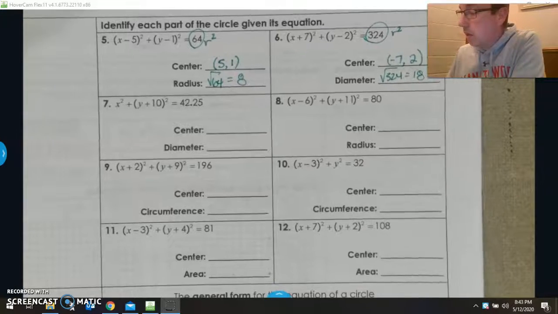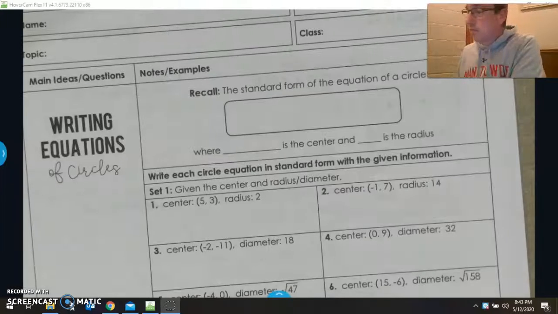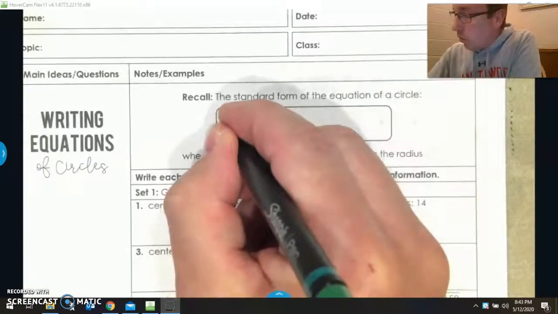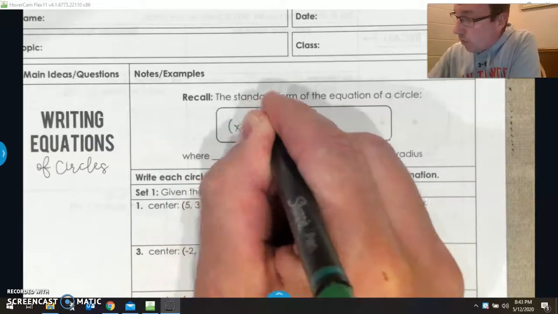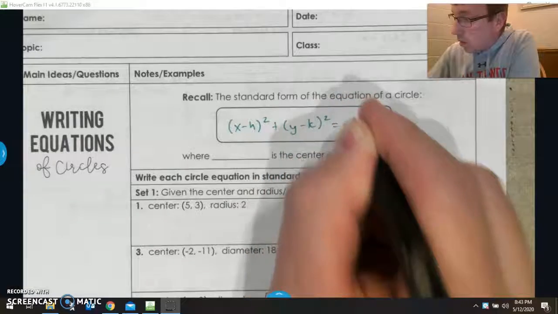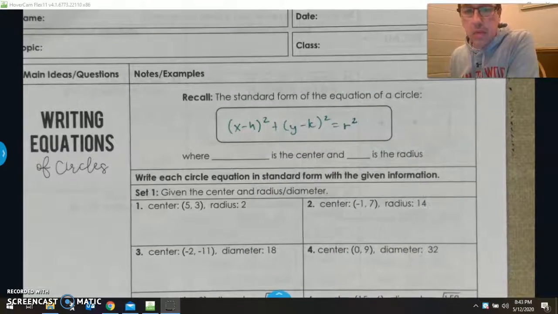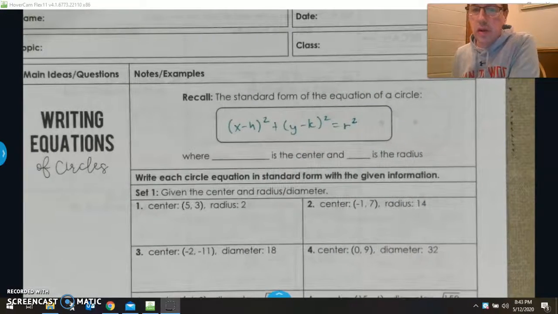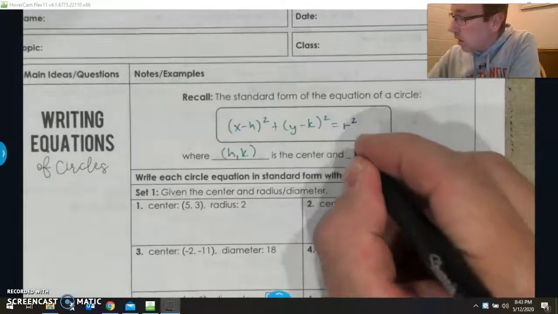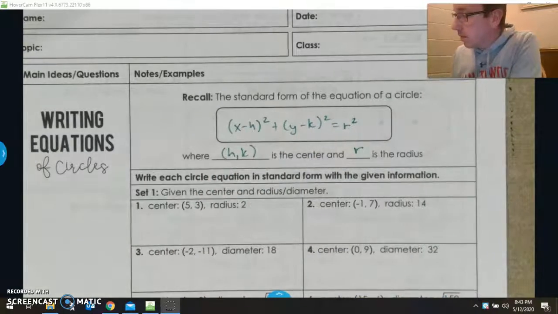Now, what we're going to be working on today is writing equations of circles, as I mentioned. If you remember right, the standard form for a circle is (x minus h) squared plus (y minus k) squared is equal to r squared, where (h, k) is the center and r is the radius.